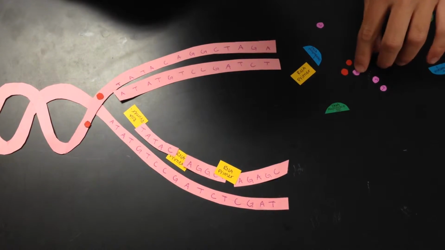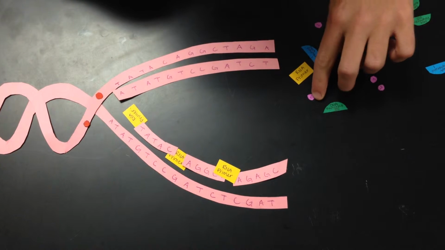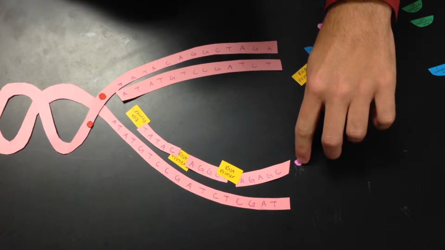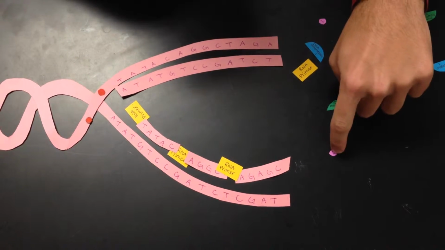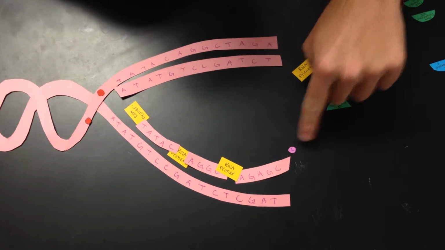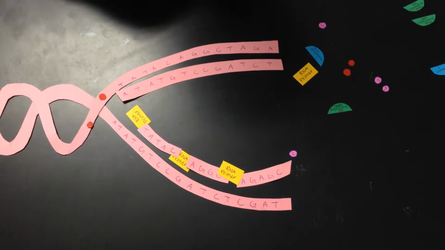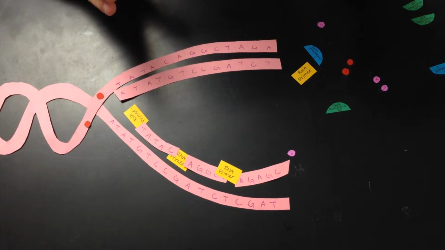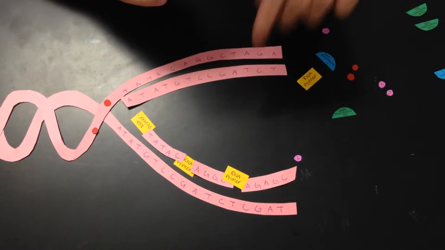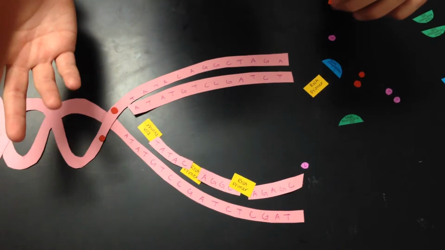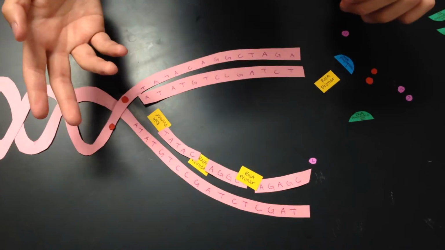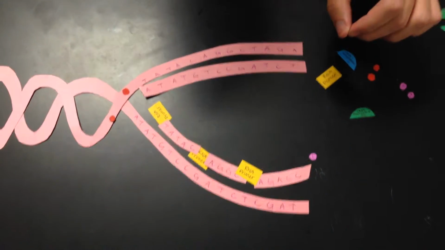And then finally, the ligase, this little enzyme right here, is going to make the phosphodiester bonds between those, to connect what DNA polymerase 1 made with what DNA polymerase 3 made, not 2.